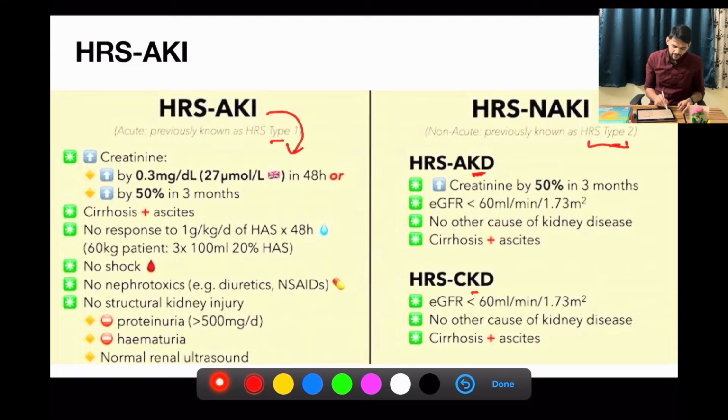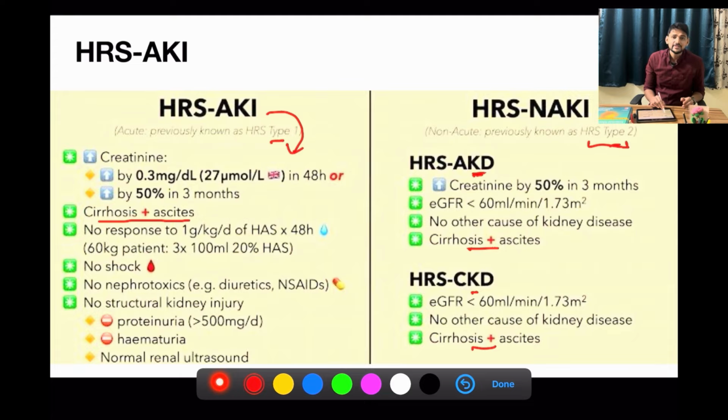First point which is very important is patient should have liver disease, that is cirrhosis plus ascites. This is mandatory in all scenarios. So such individuals, we have to get baseline creatinine first.